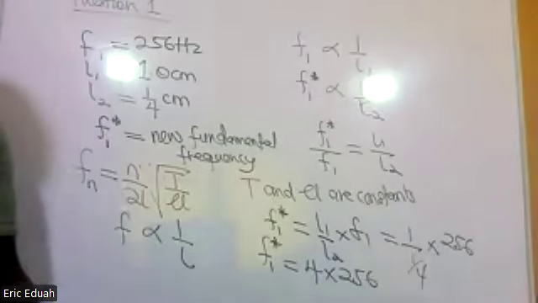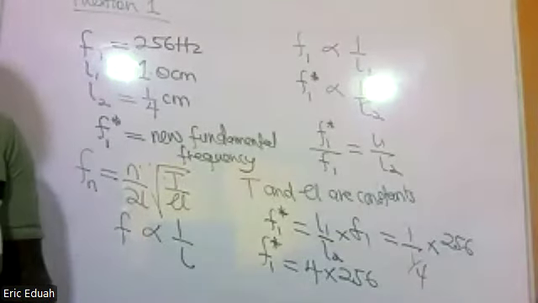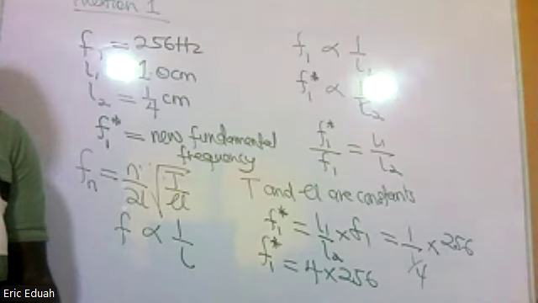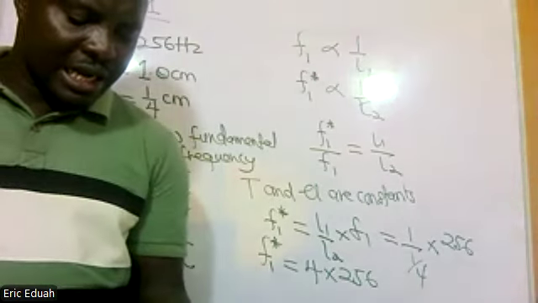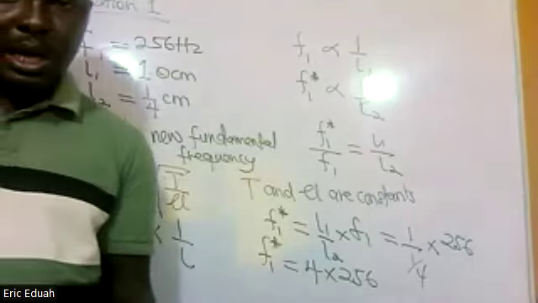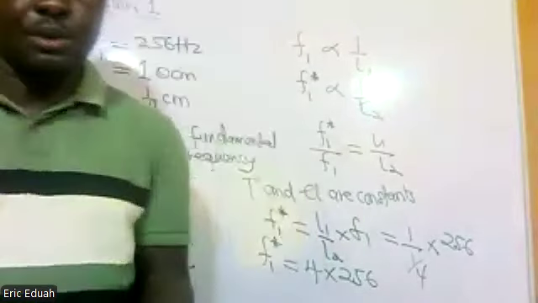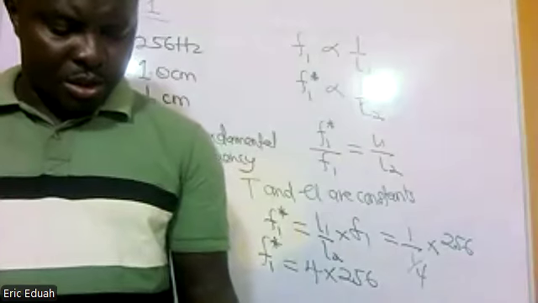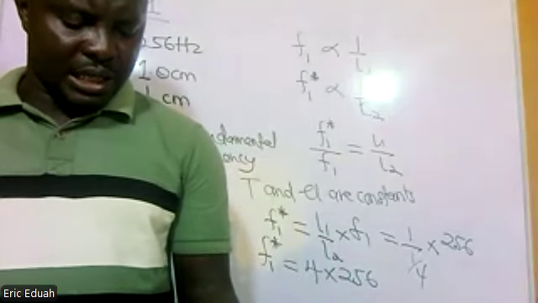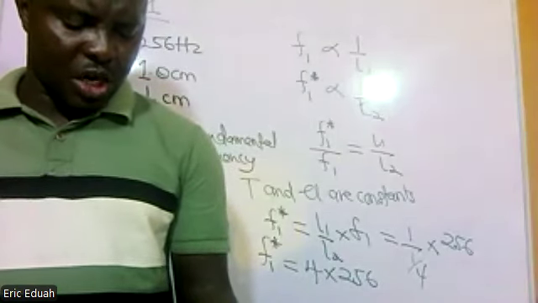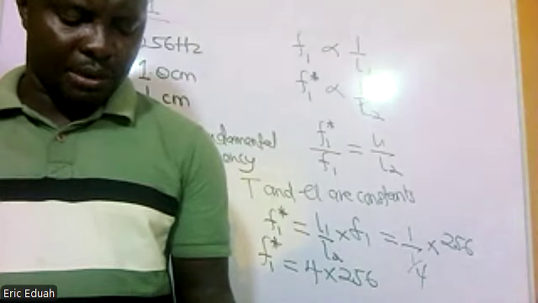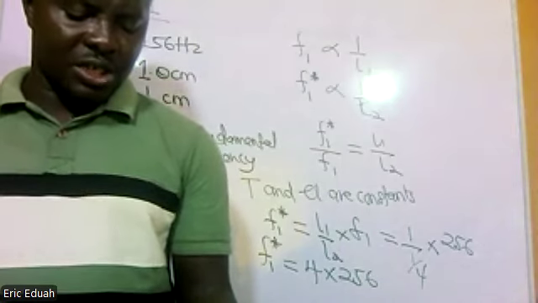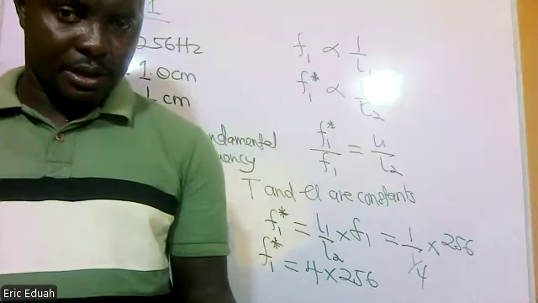All right. The second question, it's still on the platform. A stretched string, which is 1 meter in length and has a mass of 0.005 kilogram, is having a tension of 20 Newton.